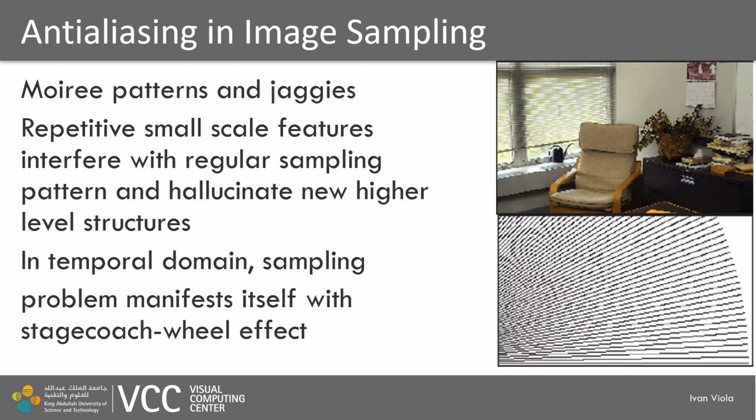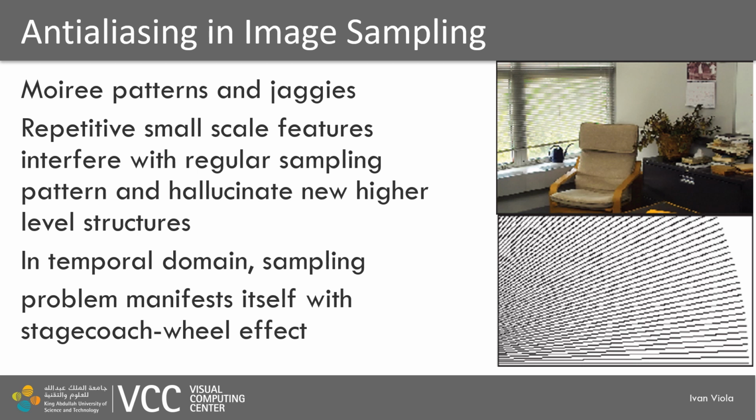Let's go back and discuss the usage of our filtering using convolution for the purposes of image reconstruction. So, for example, we can have various artifacts here, which I was hinting upon at the beginning of this lecture.